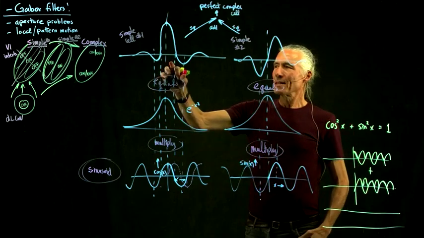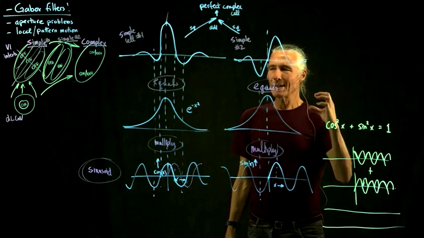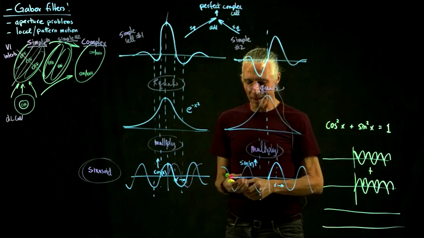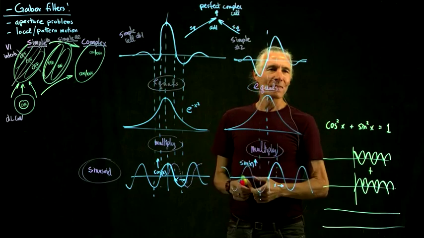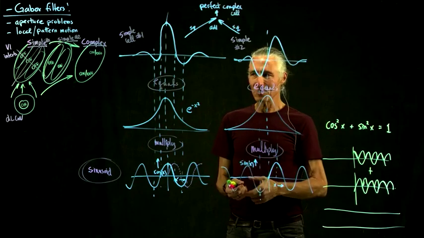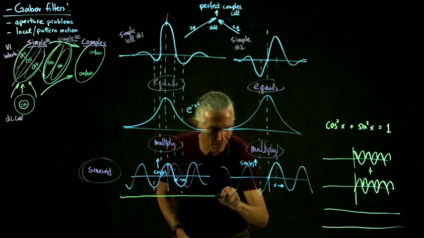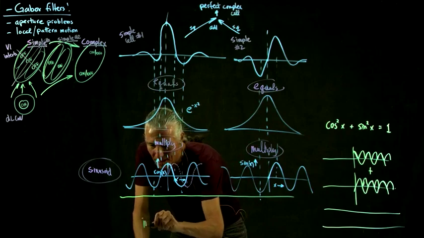So if you have this detector or this filter, this is the filter. Now we haven't talked about what it's seeing. So once we have this filter, we have to actually use it to filter something. So let's put a big green line here. So here's an image down here.